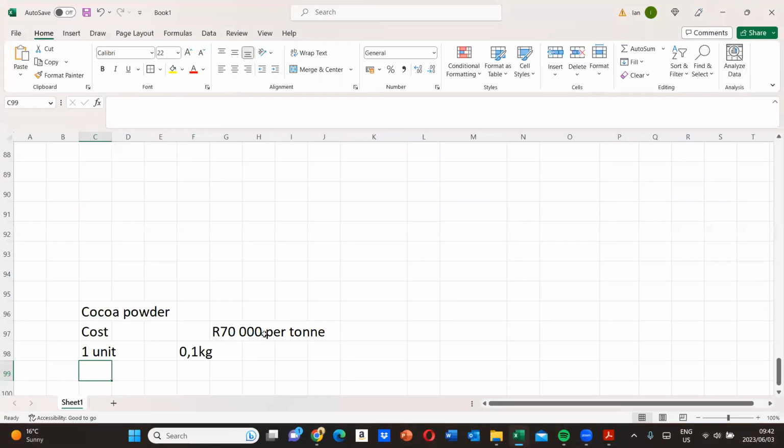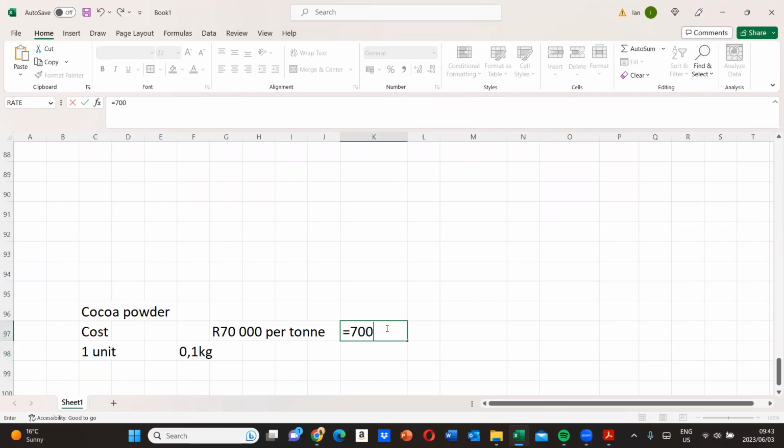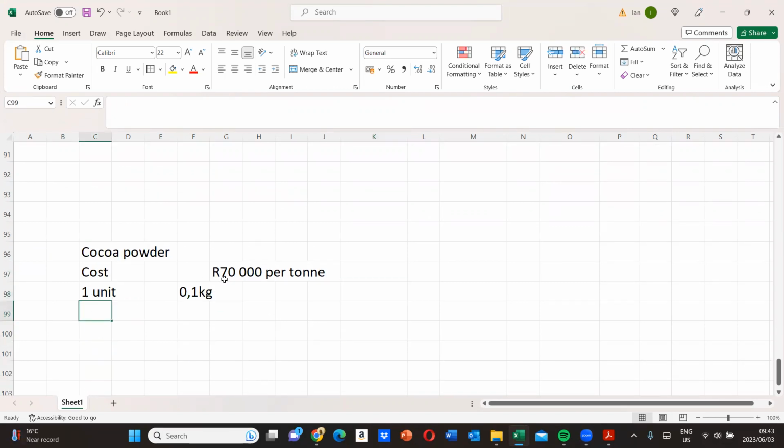So the cost is 70,000 rand per ton, and we can convert tons to kgs. What will be the price per kg, since we are told the cost is 70,000 per ton?